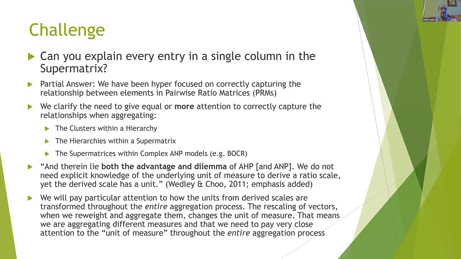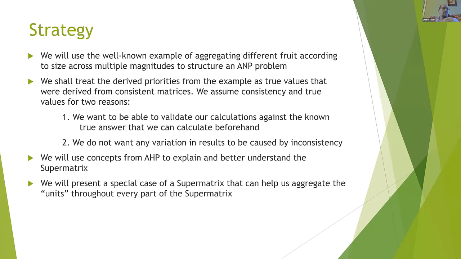So we're going to pay particular attention to units from derived scales. We're going to go through the entire aggregation process and look at what happens when we reweight the ratio vectors from the PRMs and link them together, and think of this as the aggregation process as we go all the way through. We're going to do something like Paul did, where we take a known example.